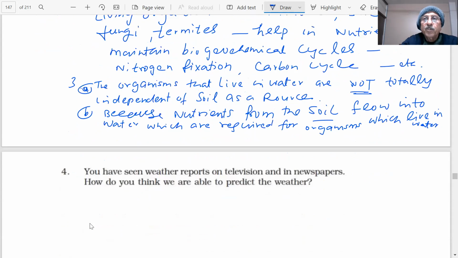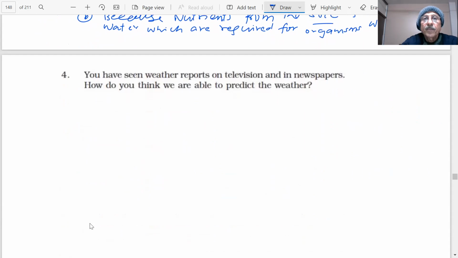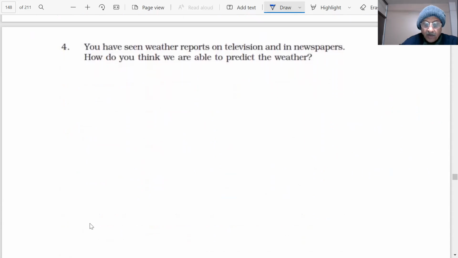Let us see the next question, students. You have seen weather reports on television and in a newspaper. How do you think we are able to predict the weather? The question is how we are able to predict the weather. You have 2 to 3 minutes to answer.